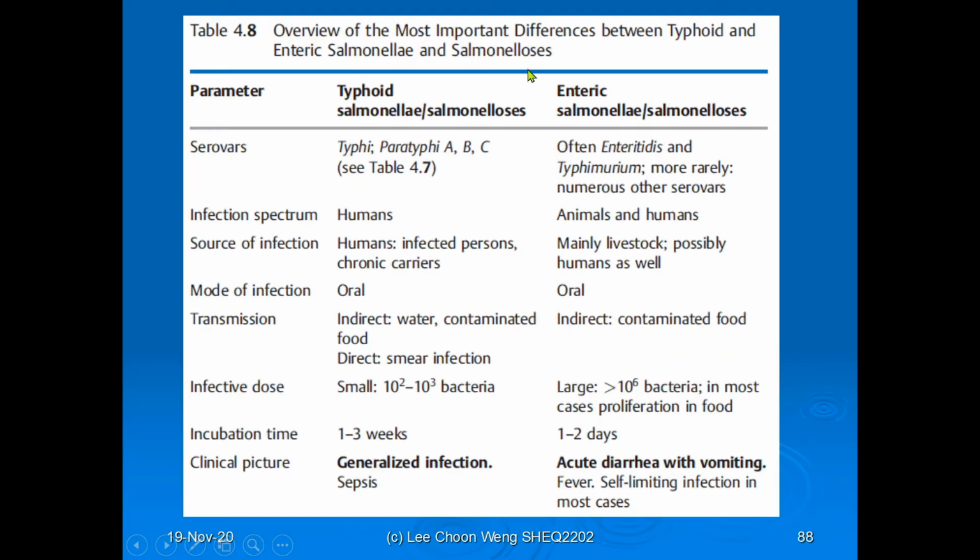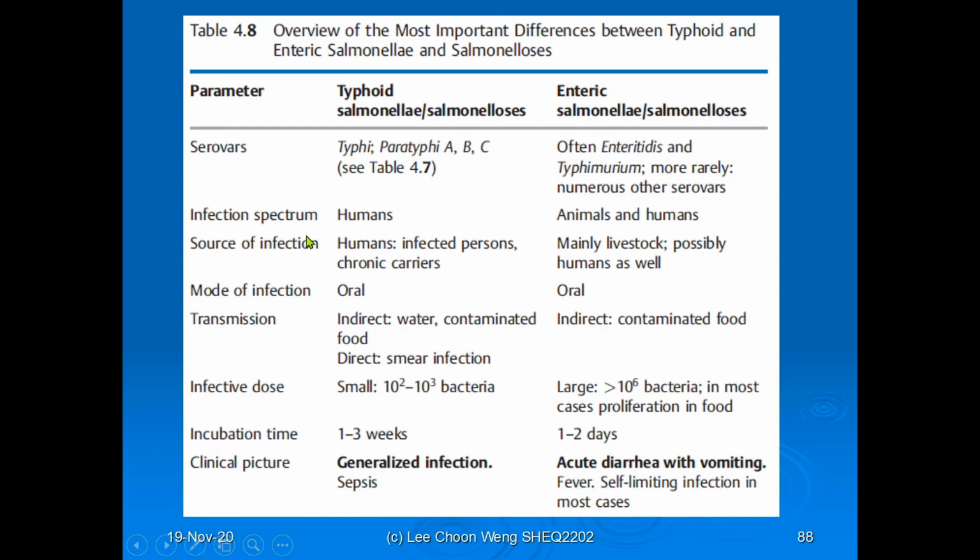We can divide them into typhoid salmonellosis and enteric salmonellosis depending on the diseases that they cause. For example, the serovars that cause typhoid salmonellosis are Typhi and Paratyphi A, B, and C, whereas for enteric salmonellosis they are mainly Enteritidis and Typhimurium.